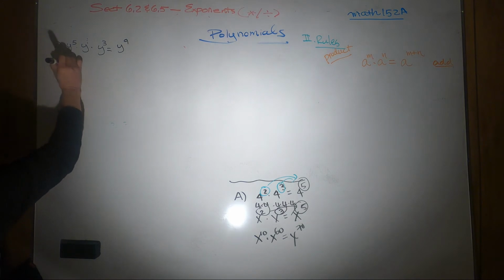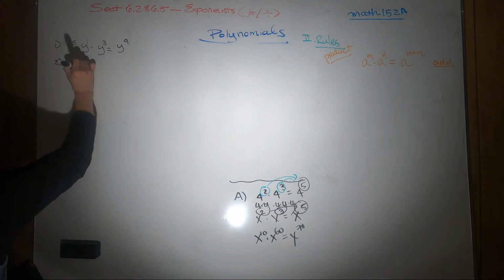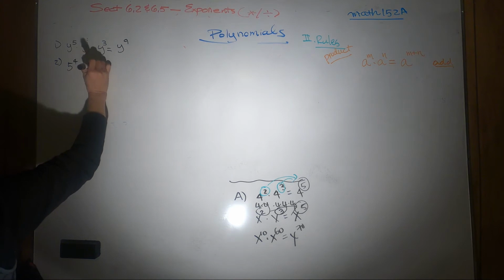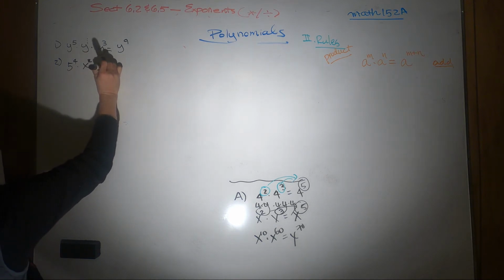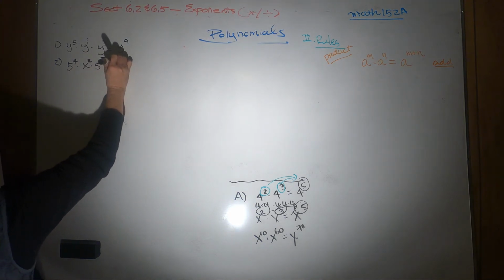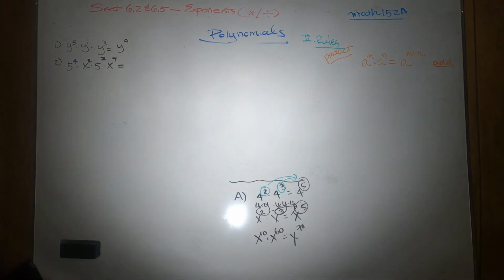If you look at the second one, 5 fourths times x squared times 5 second, 5 to the 2nd power, right? Usually number will spell it out, but for now we are practicing the powers. So we just leave it as the power form.